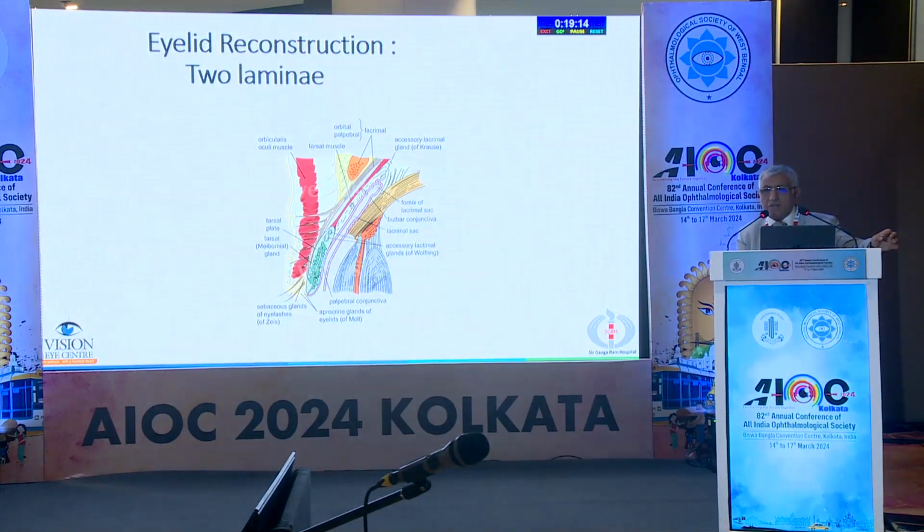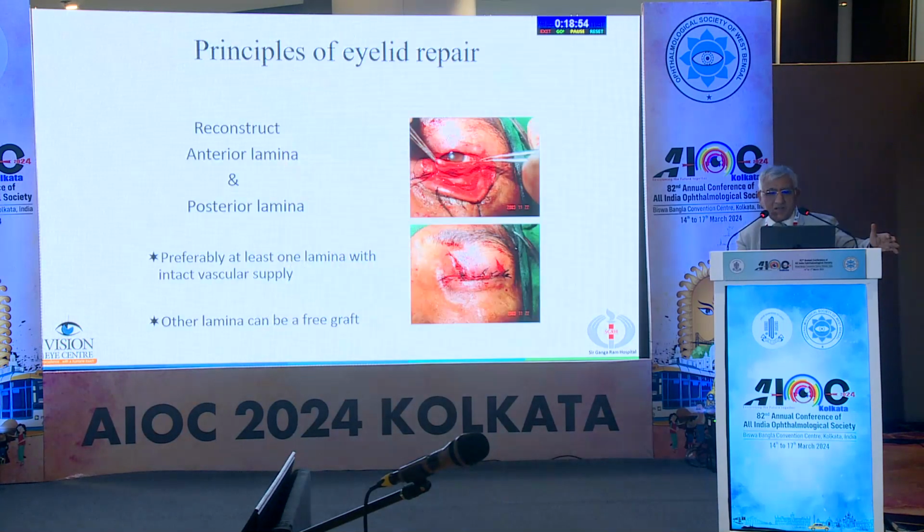So what is to be remembered is that eyelid is constituted by principally two lamina, the anterior and the posterior. The anterior one constituted by anterior covering of skin and the orbicularis oculi, and the posterior one with the conjunctiva, tarsus, and the levator complex. So whenever we do an eyelid reconstruction, we have to think of reconstruction of both the laminae.